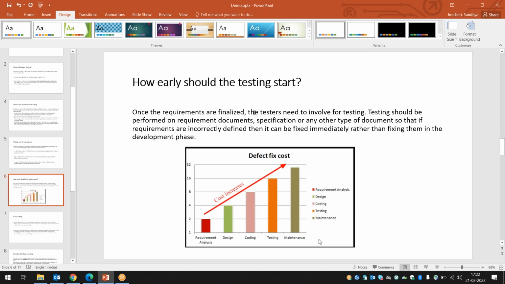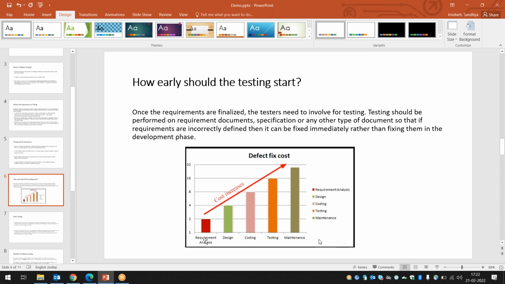So that is the reason early testing has to be started. How early should testing start? If you can see, if the testing team is involved during the requirement analysis phase, the cost of fixing defects is very low.